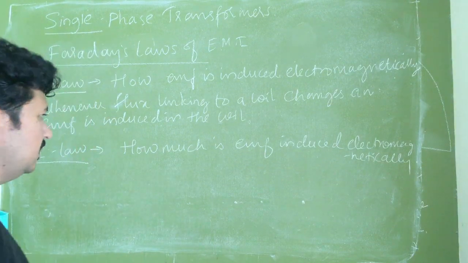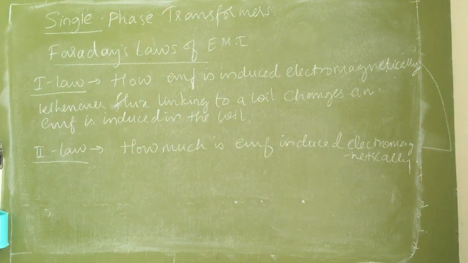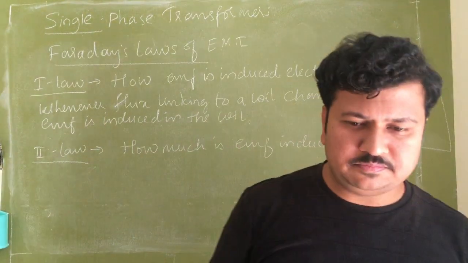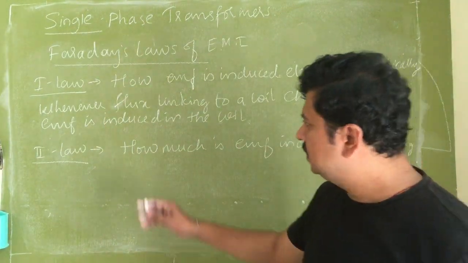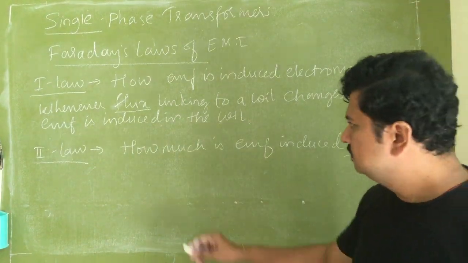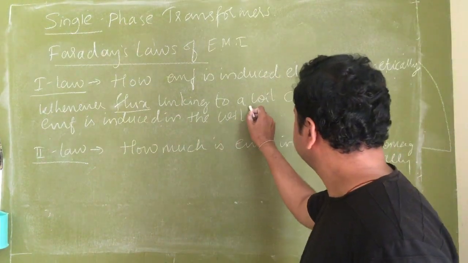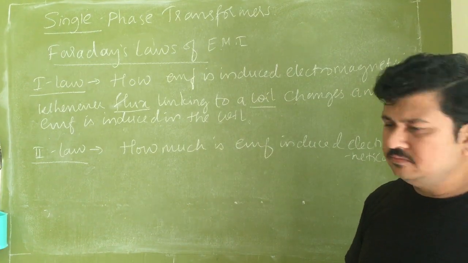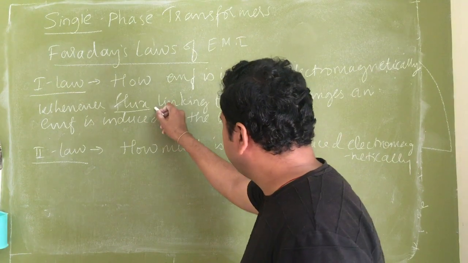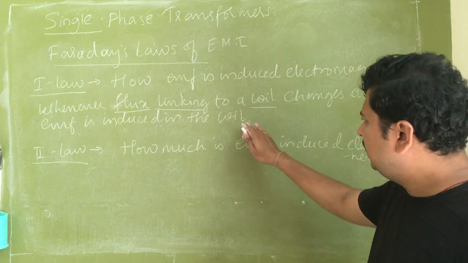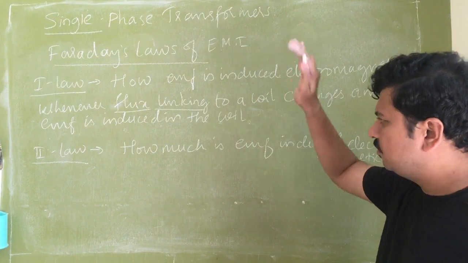Second, how much is the EMF induced? Now see, in the first statement, three things are important. First, there should be flux. Second, there should be a coil. Third, that flux should be linking to the coil. The coil is there, that may not be an important point.